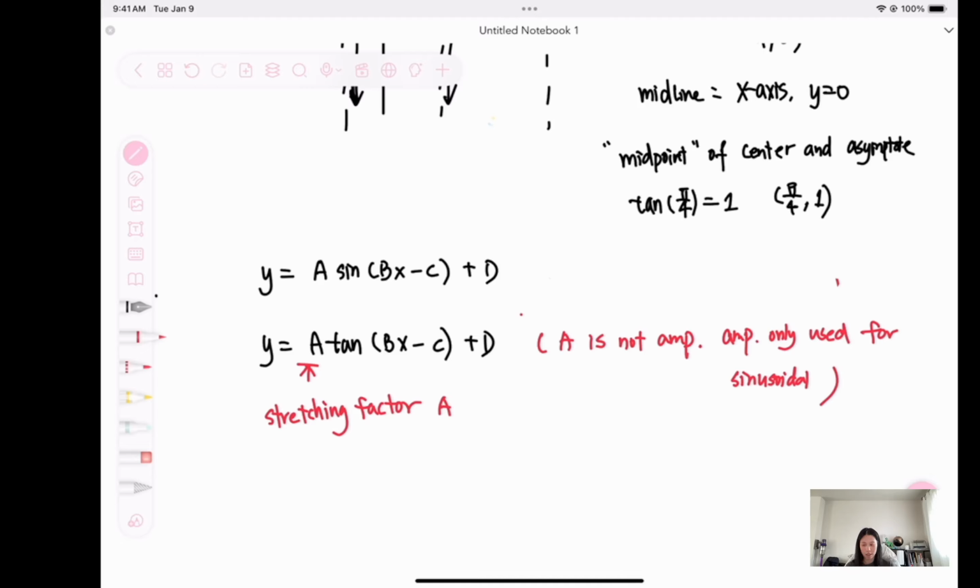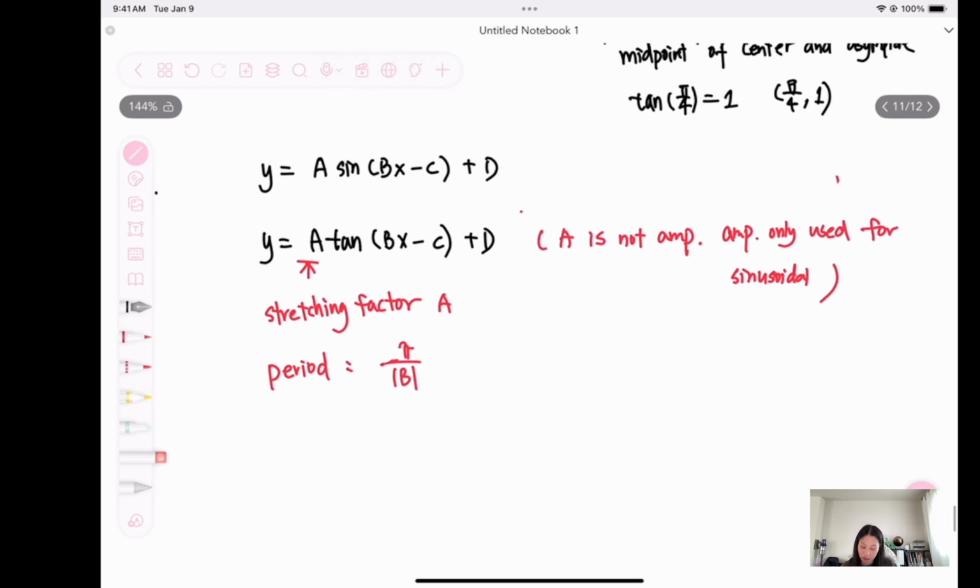Okay, now what is B? B is similar to the sinusoidal function, which helps us to find the period. For the basic tangent function, the period repeats every pi. Remember that sine and cosine repeat every 2 pi. So the period is equal to 2 pi divided by B. But since tangent repeats every pi, the period is going to be pi divided by the absolute value of B. Quite similar compared to the sinusoidal function.